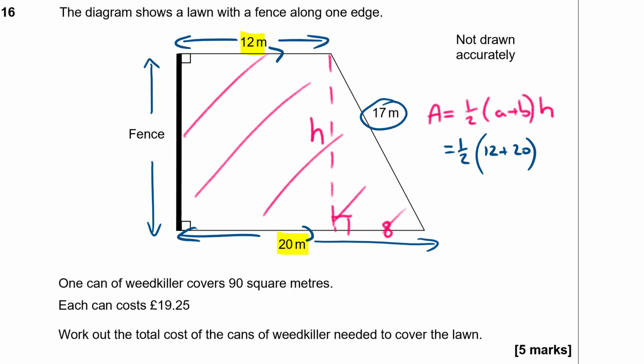Now, if you've memorized your Pythagorean triples, as you should have done, you already know what the height of this triangle is. Otherwise, you're going to have to use Pythagoras' theorem to work it out. So Pythagoras says c squared equals a squared plus b squared. That's the formula we need to remember.